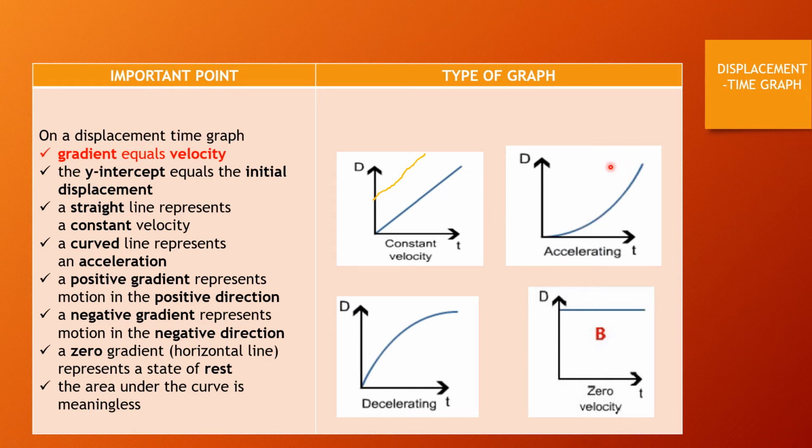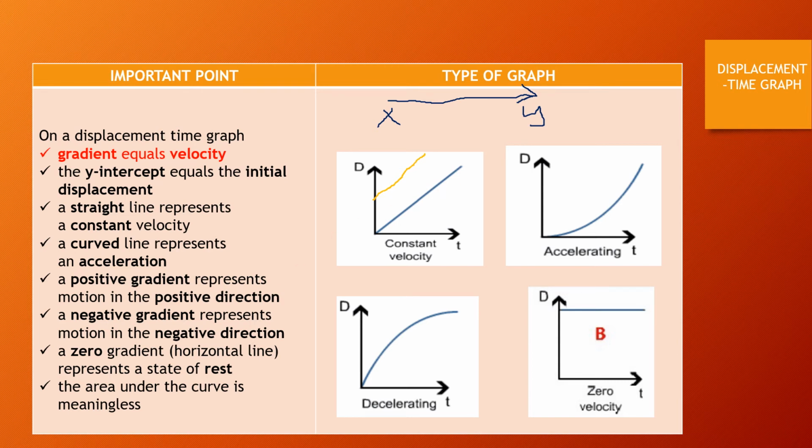A positive gradient represents motion in the positive direction. For example, if I have a point X and point Y, and the object is moving from point X to point Y, then we say the object is moving in the positive direction. When you draw it in a graph, your gradient will give you a positive value.